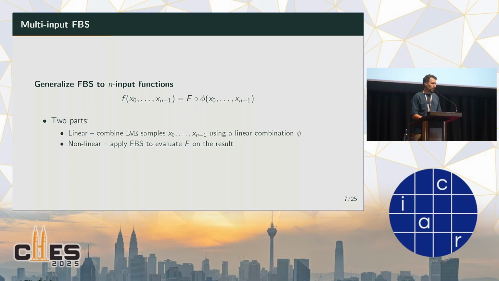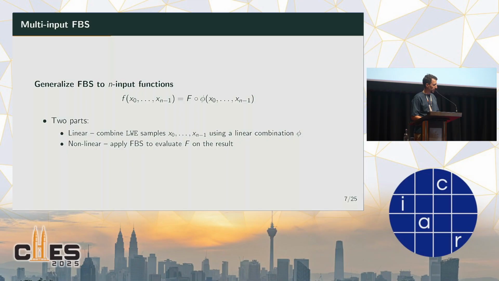So functional bootstrapping is limited to one-input functions. In order to transform it to multi-input functions, we evaluate linear combinations of inputs.